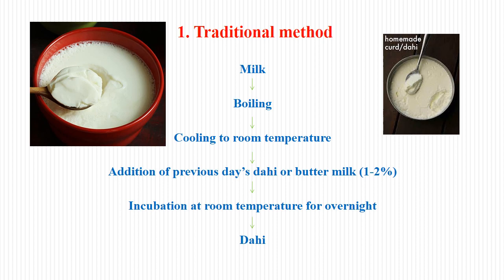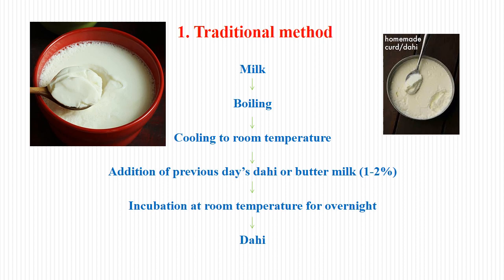This is called backslopping, and the amount of culture added is 1 to 2%, which varies depending on the seasonal temperature. During winter, if the temperature is low, we need to add more culture, maybe up to 2%, whereas in summer, when the temperature is high, 1% is enough.